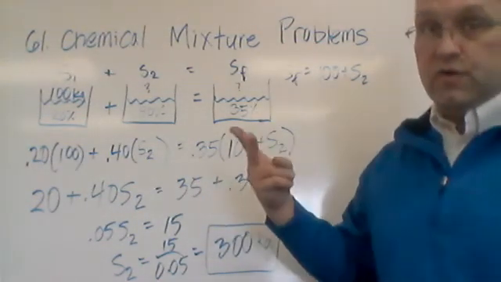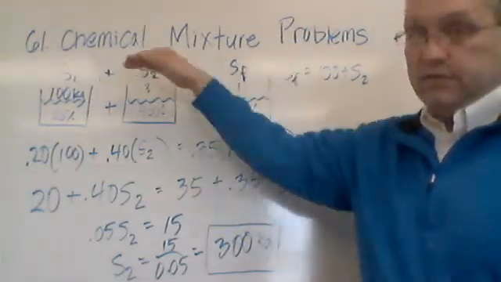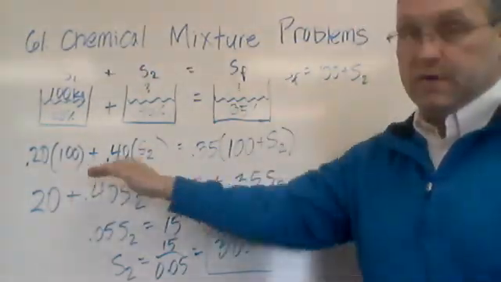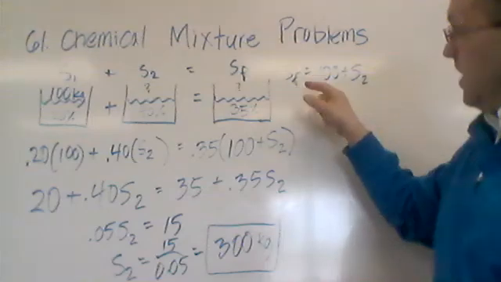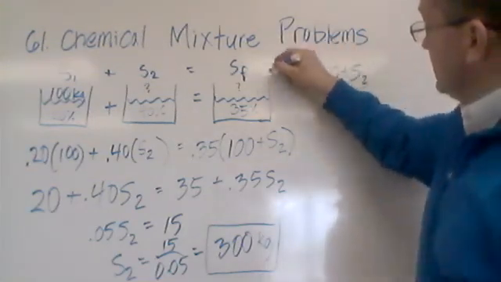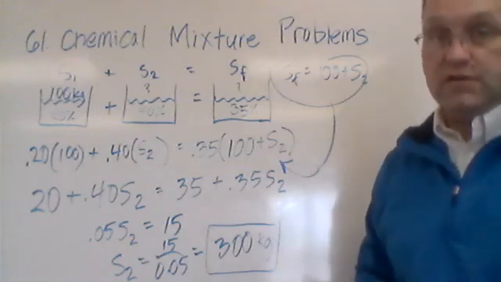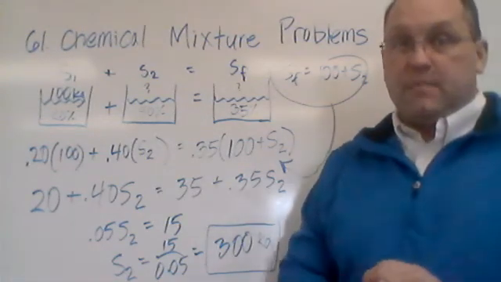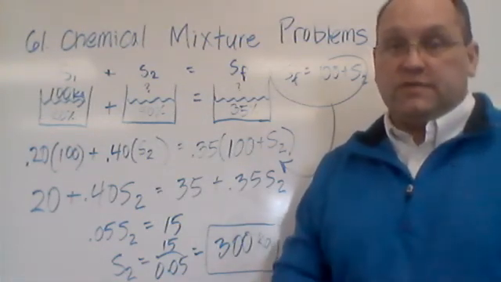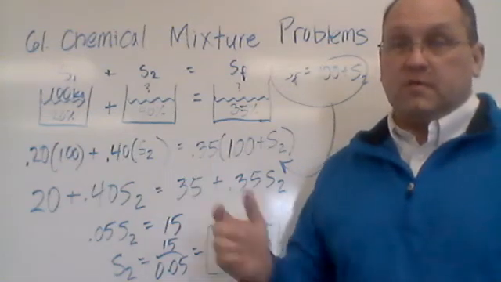So your two equations are going to be the total solution and the constituent part. Then we're going to use one, in this case here, to substitute into our constituent equation. It's the same process for all of those different types of chemical mixture problems.